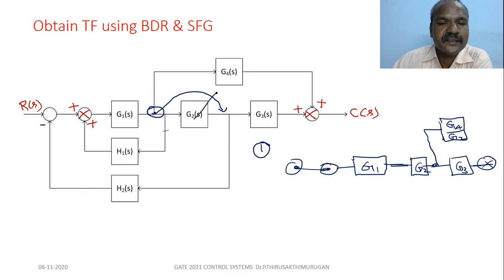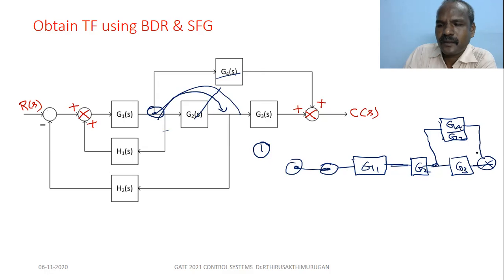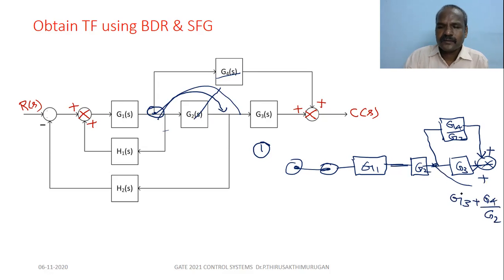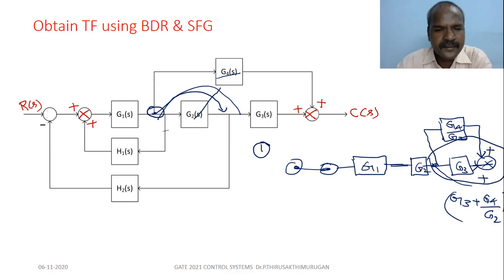We have to divide this gain by G2 to shift this point. So G4 by G2, plus. Now we can easily simplify these two adders. We add these two points: G3 plus G4 by G2. This is the resultant gain at this juncture.